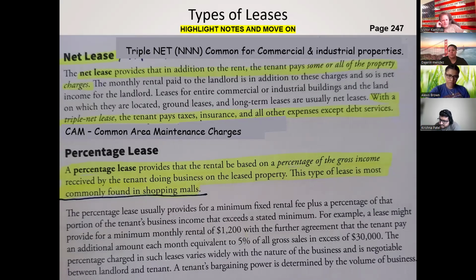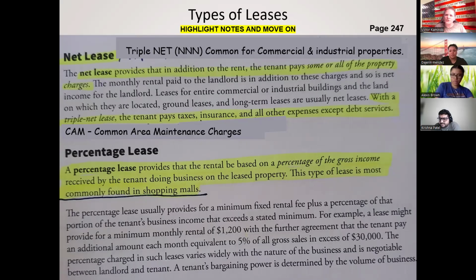And with a percentage lease, it provides that the rent will be based on a percentage of the gross income received by the tenant doing business on the leased property. In this type of lease, most commonly found in shopping centers, shopping malls, the tenant pays a small fixed rental amount with an additional agreement that the tenant has to pay a percentage of their gross income to the landlord.